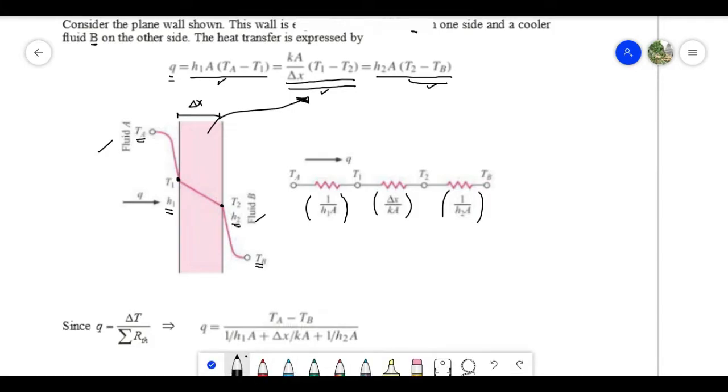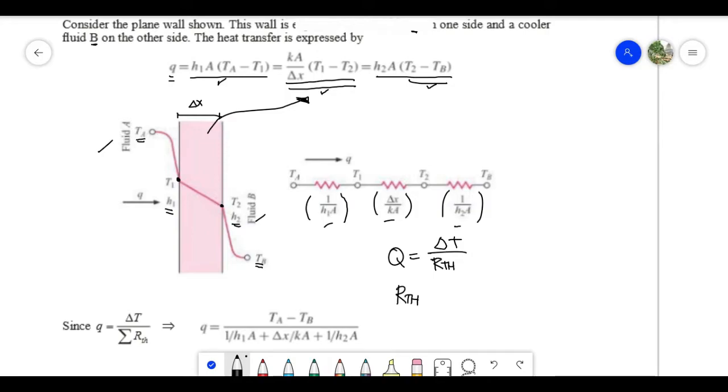Next, we usually write the heat flow in this manner. Q is equal to delta T over the total thermal resistance. In this case, the total thermal resistance is the summation of the three thermal resistances in this wall.